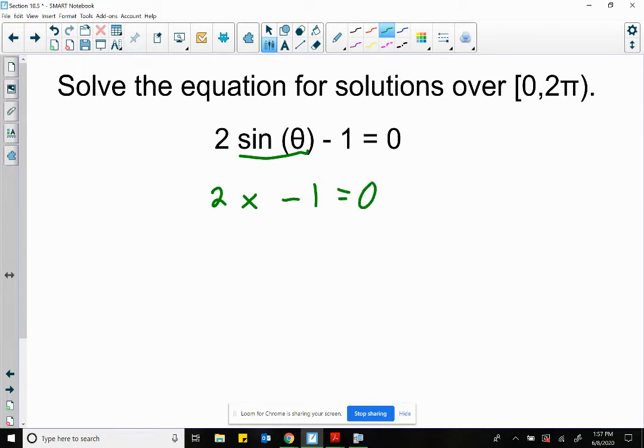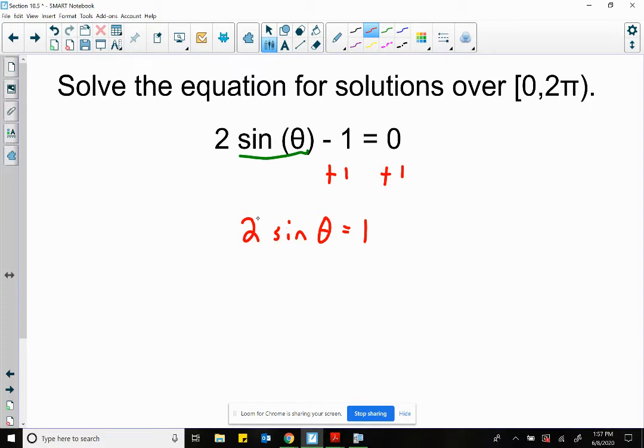How would you get x by itself? That's the idea. Get this trig function, sine, by itself. So how do we get rid of a -1? Add 1. So that gives us 2 sine theta equal to 1.